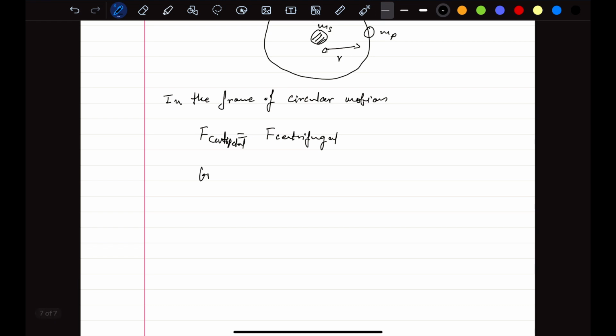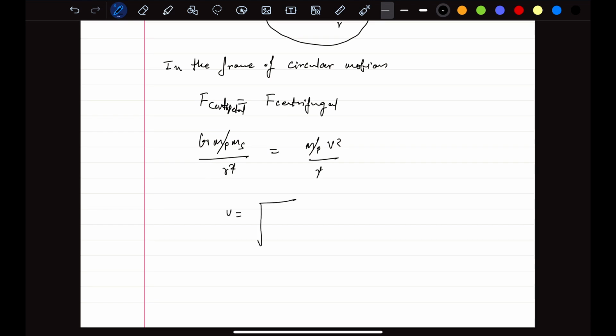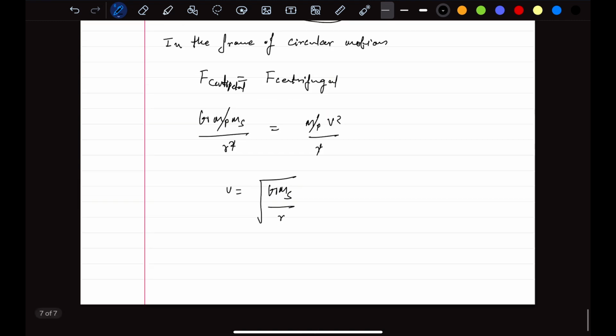So that force is G ms mp divided by r square, according to Newton's law of gravitation. And the centrifugal force, as we know from circular motion, would be m v square divided by r, so mp v square divided by r. So r will be cancelled out, and the mass of the planet will also be cancelled out. So the velocity of the planet is root of G ms divided by r. This is the velocity of the planet.